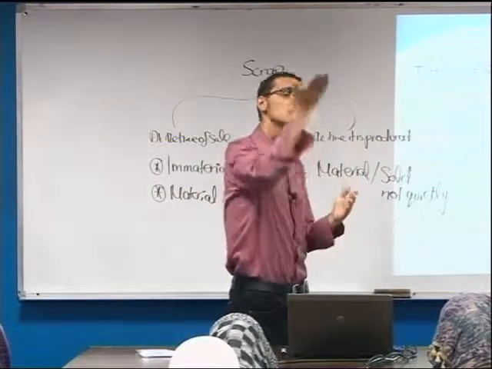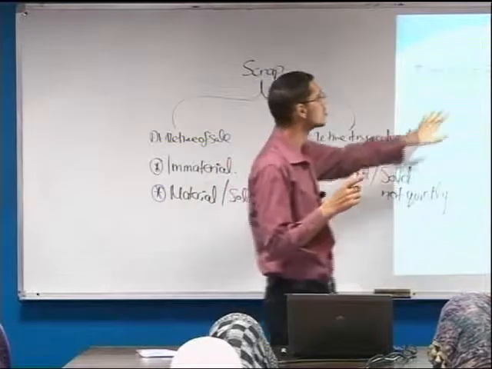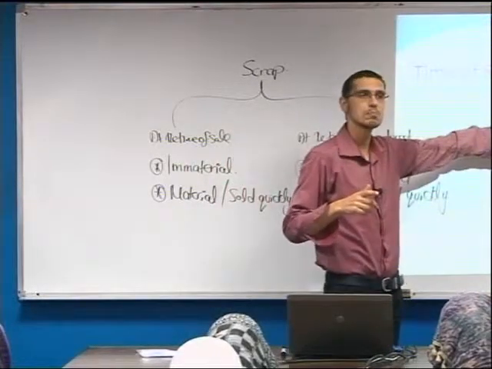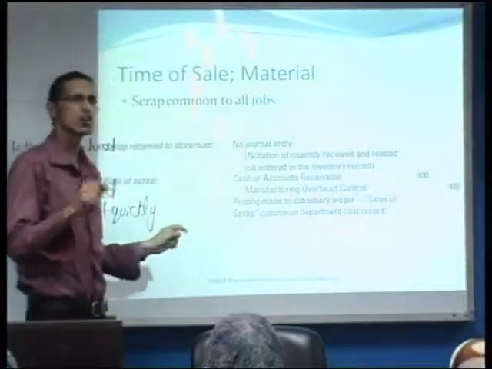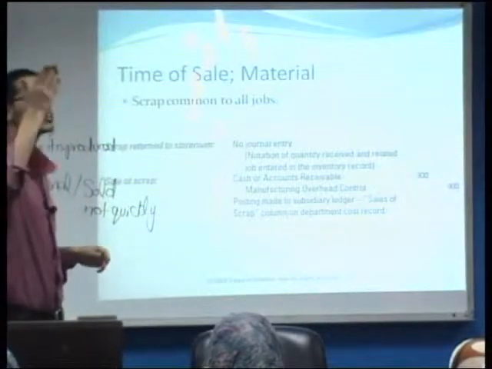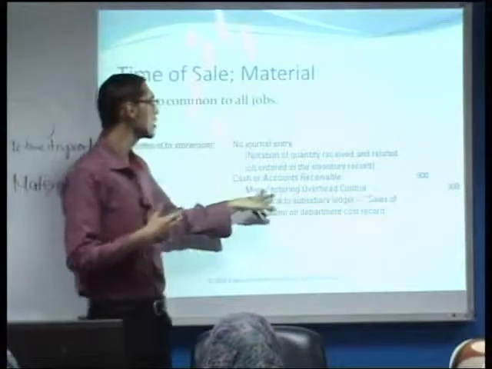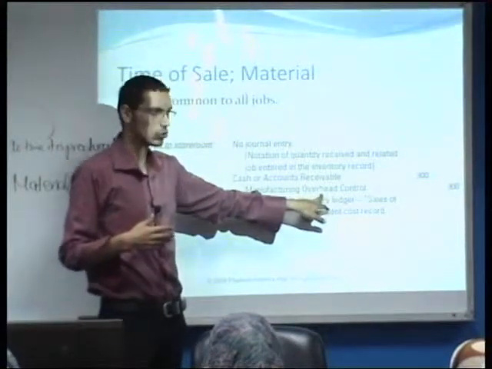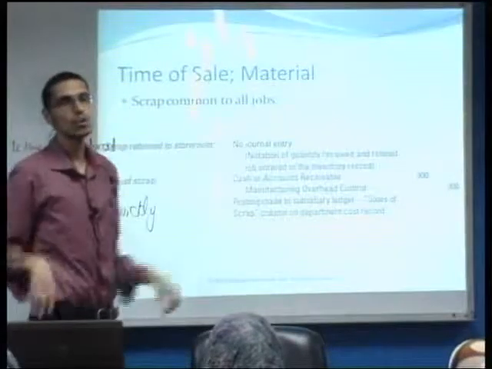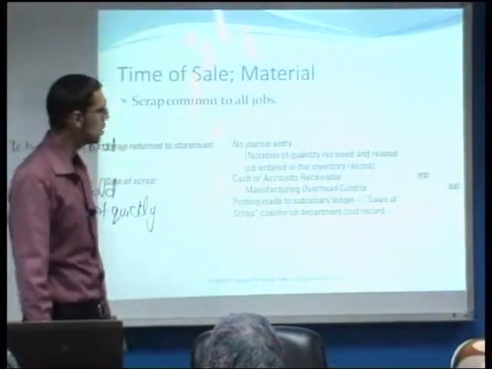Of course, we are going to decrease the cost. But because the scrap is common to all jobs, we are not going to decrease the cost of a specific job, but we are going to decrease the cost of all jobs. How? By decreasing the cost of the manufacturing overhead control, which will be prorated and allocated onto the different jobs.